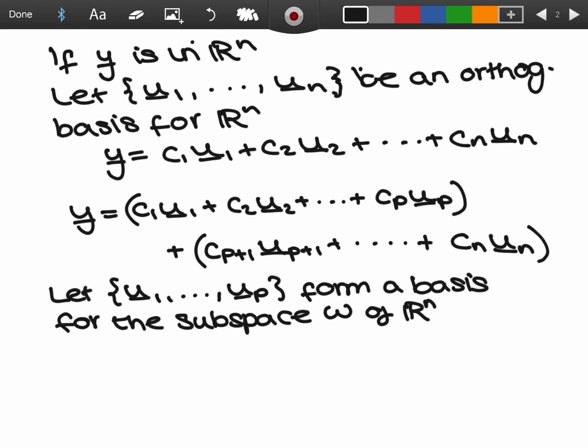If I take that other set of u's, so up plus 1 through to un, what those are going to do is they land in this subspace, which has a weird name. There's many different names for it on the internet. When I was in undergrad, this thing was called W perp, because of how you actually write this in LaTeX.